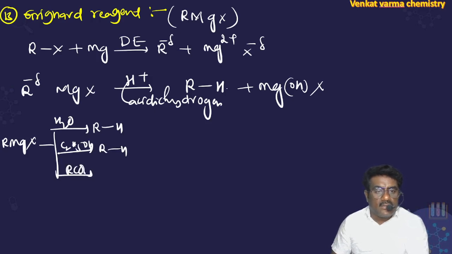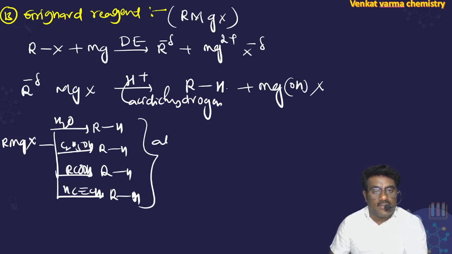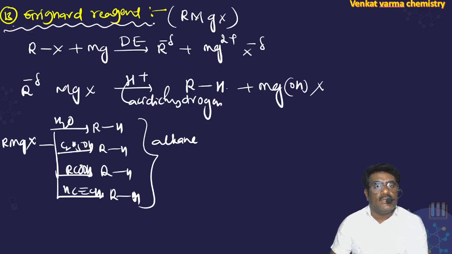Carboxylic acid, COOH, also has acidic hydrogen and forms alkane. Acetylene, HC≡CH, also gives alkane. In presence of acidic hydrogen, alkyl magnesium halide gives alkanes. This is the Grignard reagent used for the preparation of alkanes.